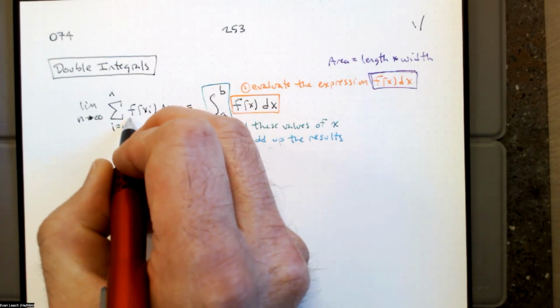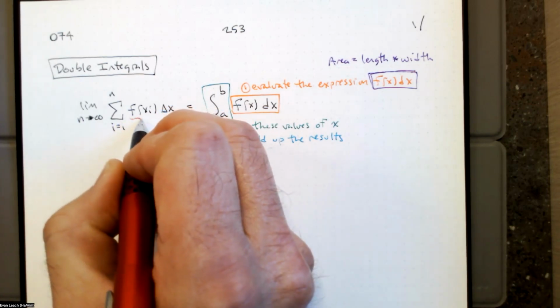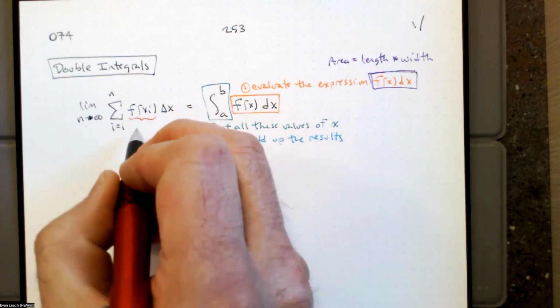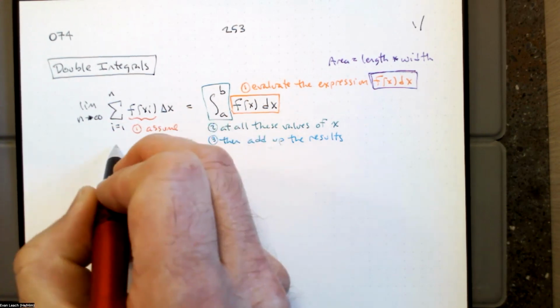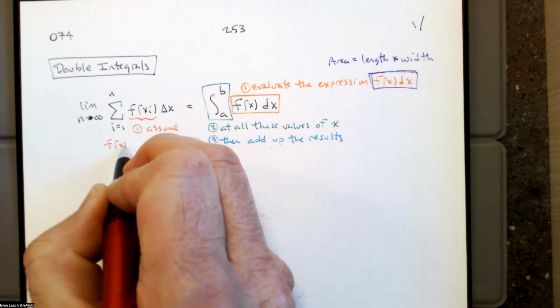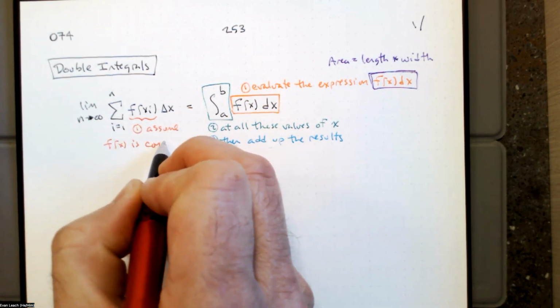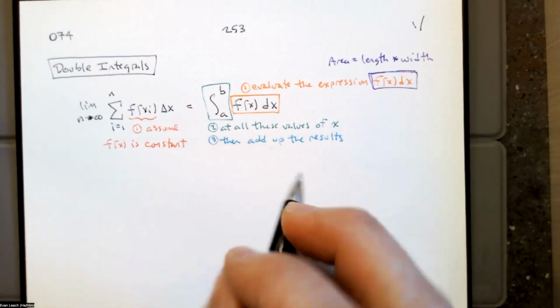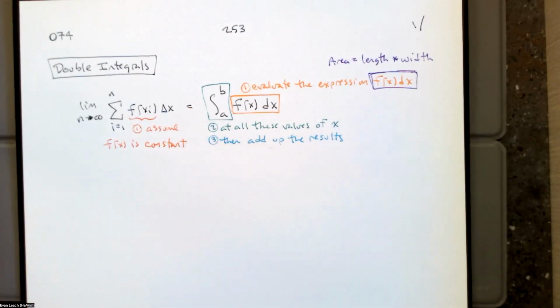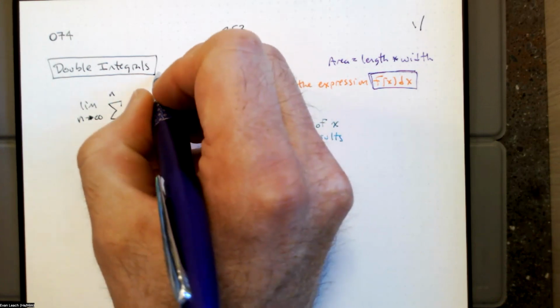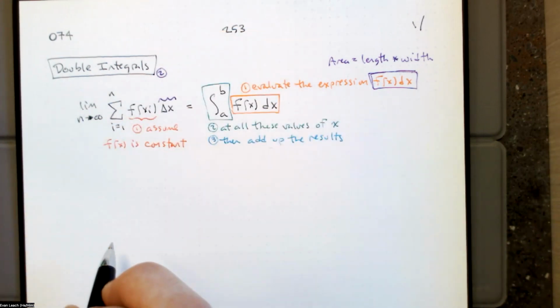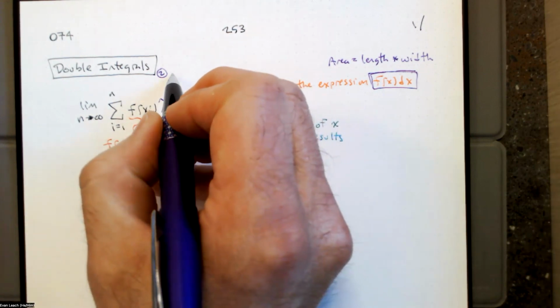So here we assume f of x is constant for some small changes in x.